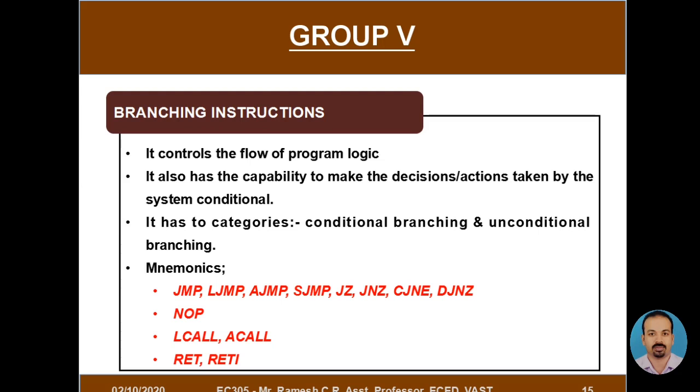In order to enable that return from the new location to the old location, we have the mnemonic RET, that is return after a call procedure.